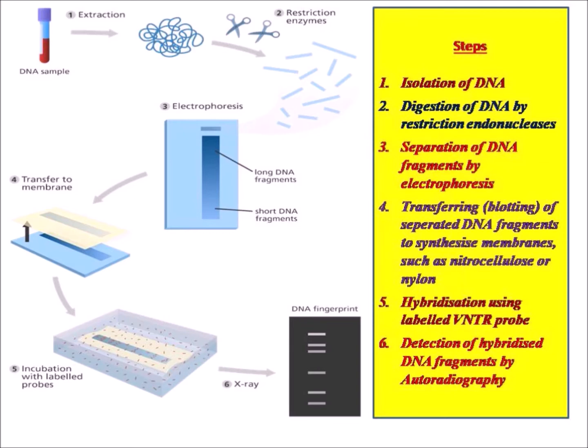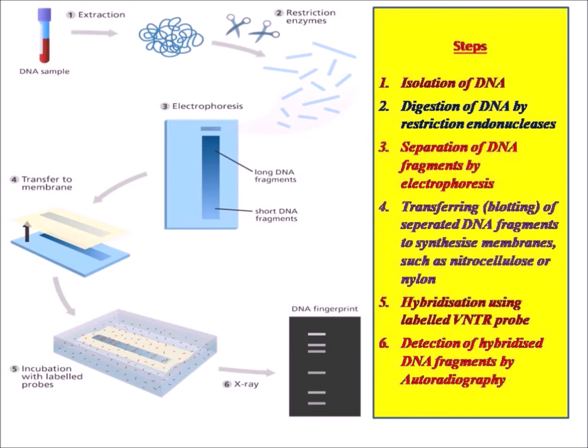In the third step, the digested DNA sample is separated by agarose gel electrophoresis, in which the DNA is separated based on size. The next step is transfer of the separated DNA from the gel slab onto a nitrocellulose membrane to hybridize with a labeled probe that is specific for one VNTR region.